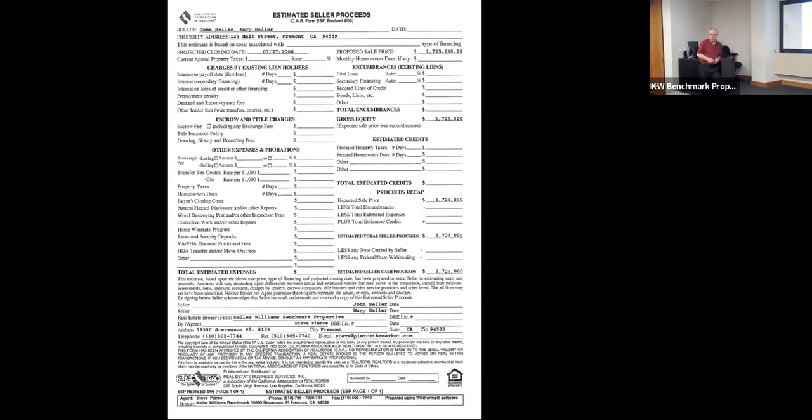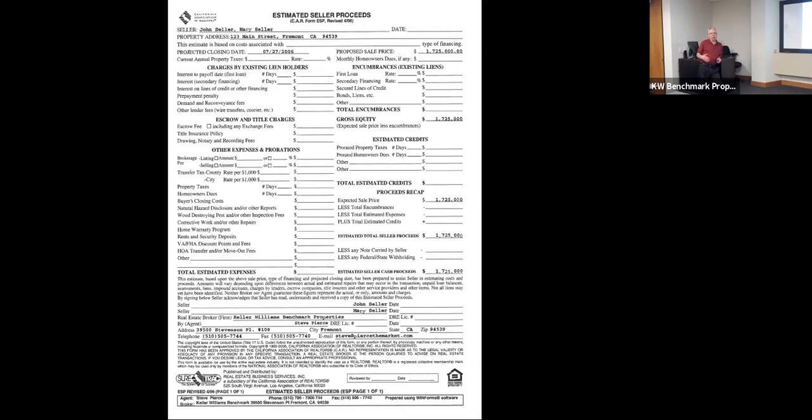Okay, estimated seller proceeds. This is something that we have not really done much as normal practice in our business. And I think a lot of it has to do with the fact that the prices of properties have gotten so high that the average seller really isn't worried about all the details and all the costs, or concerned about what their net's going to be from the sale in a lot of cases.